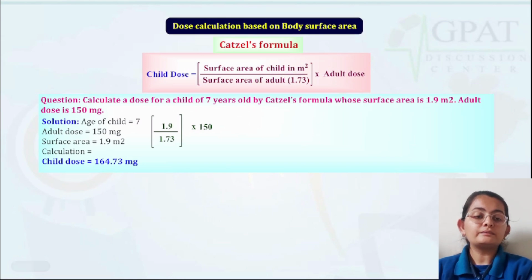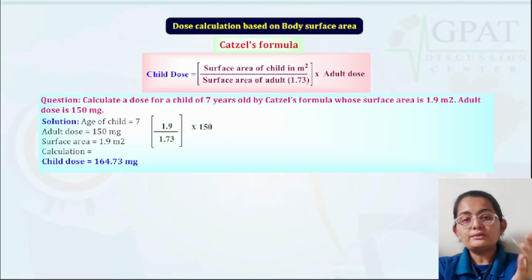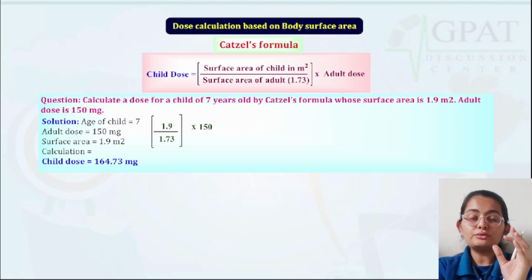Whenever the question is asking you to identify, like an MCQ, identify which one of the following statements. Suppose I give you one question: based on the age, which formula will be there? Young's formula, Dilling's formula, Cowling's formula, and Hetzel formula. You should know that Young's, Dilling's and Cowling's formulas are all age based, but the Hetzel formula is from the surface area.